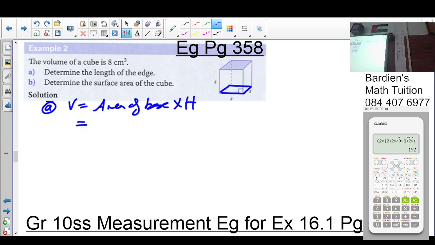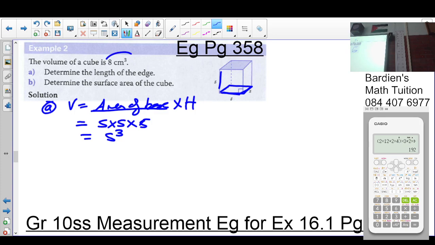Side times side, that is for the area, times the height, which is another side. So it's simply going to be side cubed.